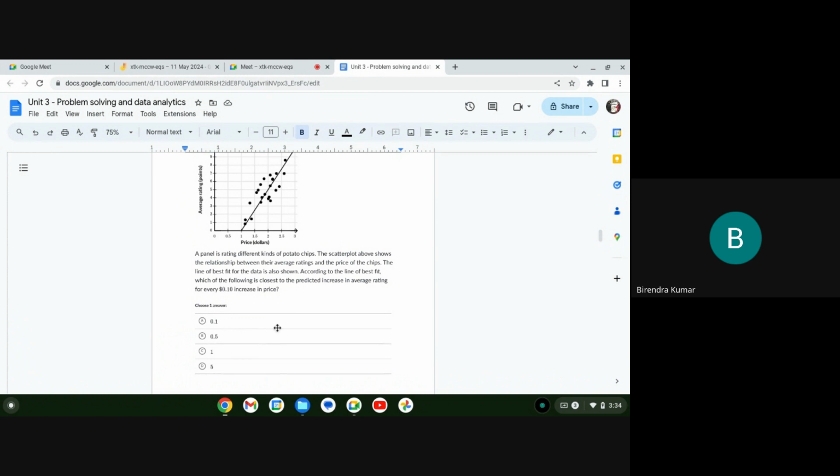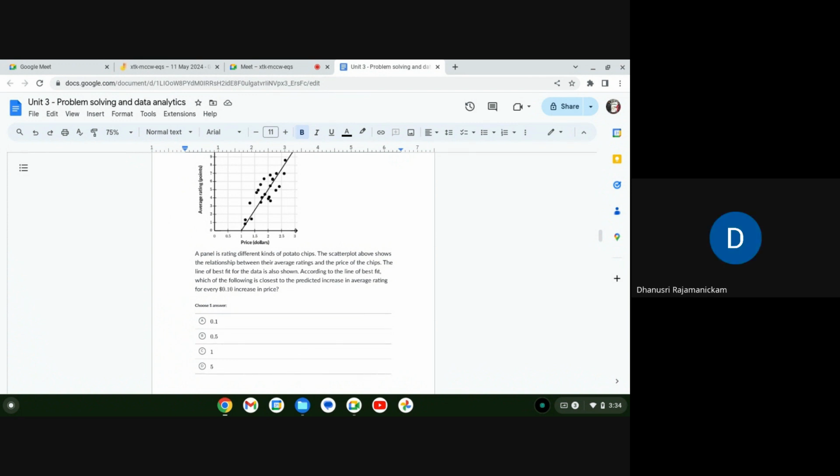According to the line of best fit, which of the following is closest to the predicted increase in average rating for every 10 cents? Tell me if this line has made any sense so far. No? One more time.